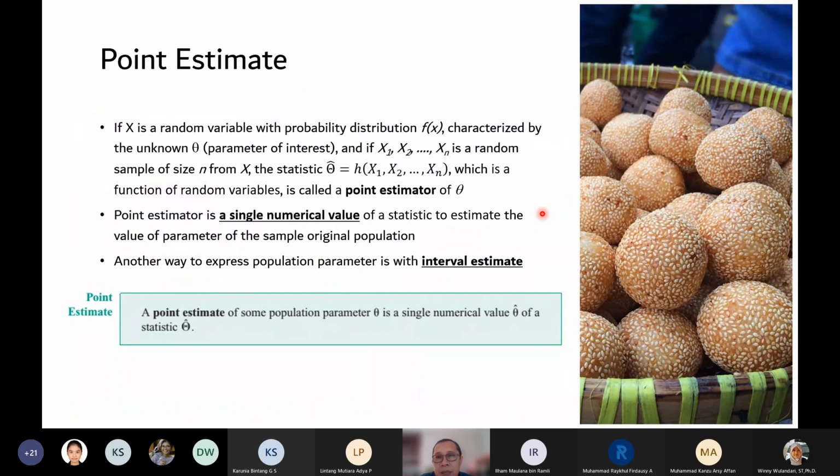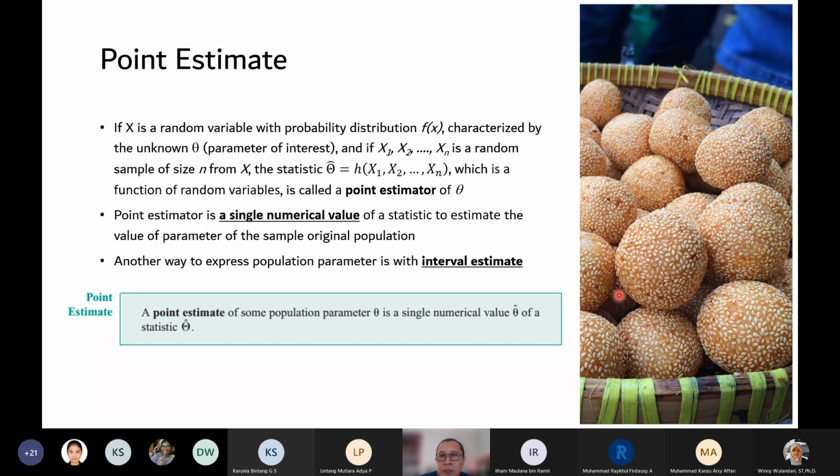Point estimates are individual numbers which describe the population parameters. The name might sound a little intimidating, but let's say I give you a basket of these onde-onde and ask you to measure their average weight. You come back and report, Pak Walmiki, the average weight of these onde-onde is perhaps 50 grams per piece.